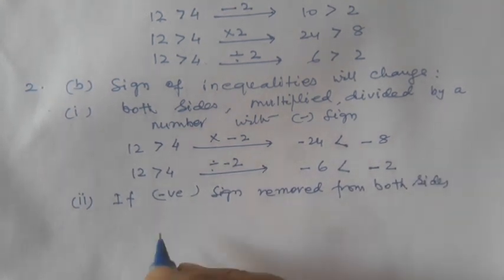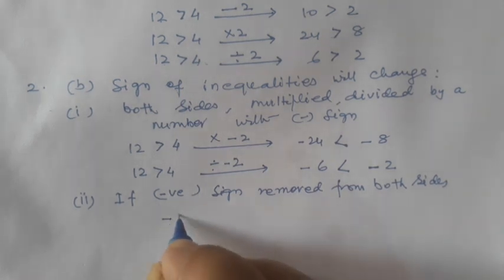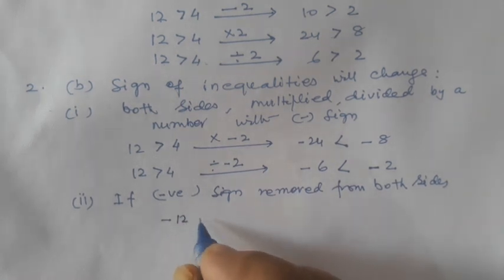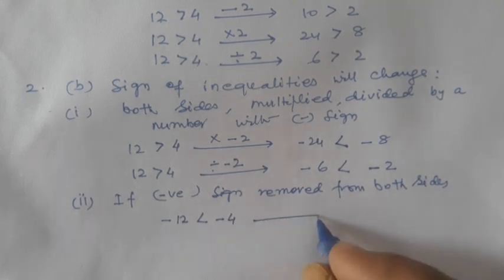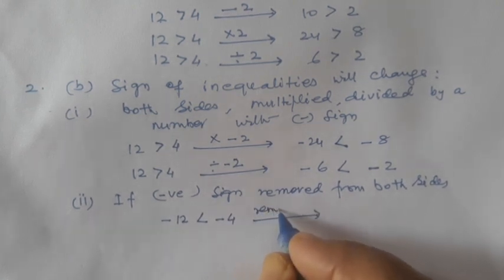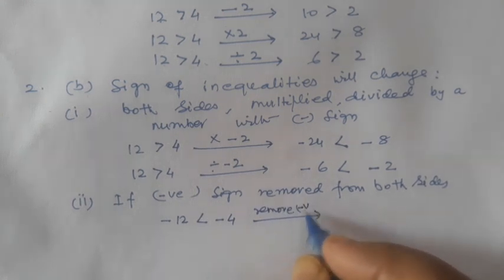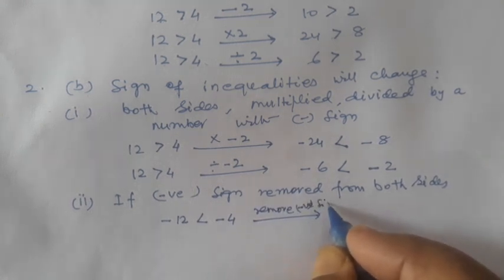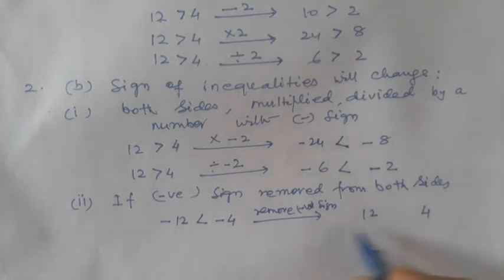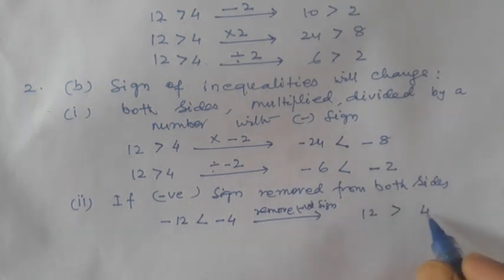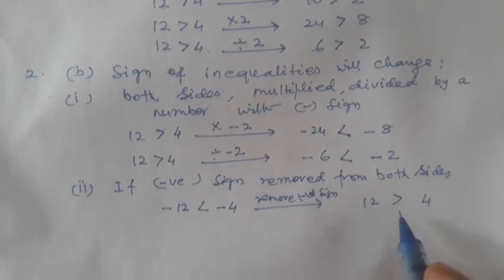Like minus 12 is smaller than minus 4, remove the negative sign. So it will be 12 and 4. Now 12 is greater than 4. So the sign has been reversed. Okay.